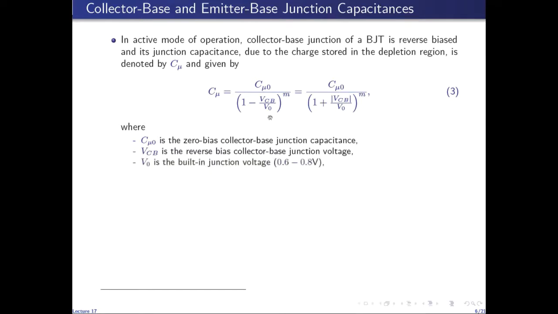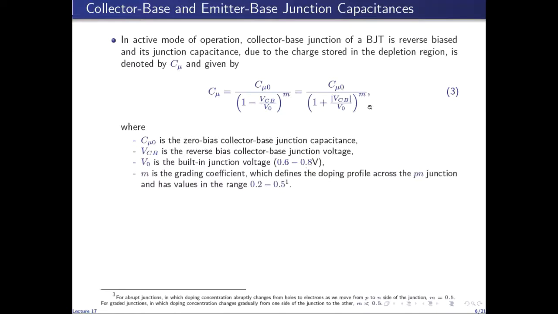V naught is the built-in junction voltage, which has values typically in this range, and M is called the grading coefficient, which defines the doping profile across the PN junction, and is typically found to have values in this range.